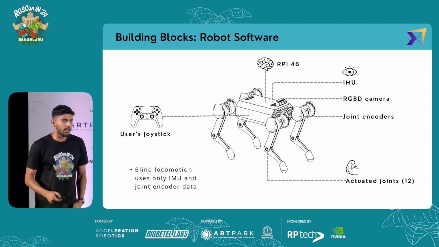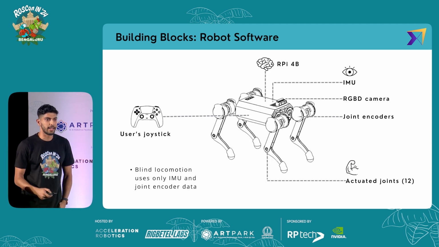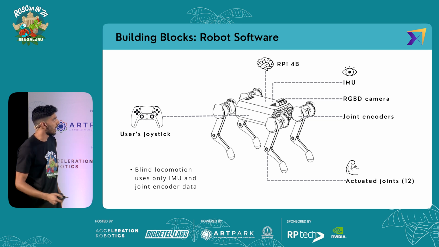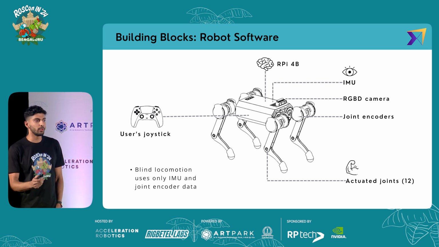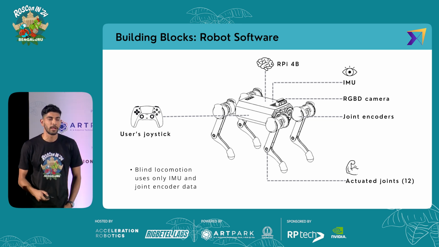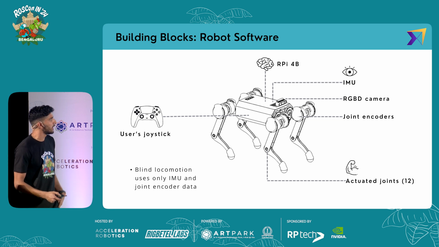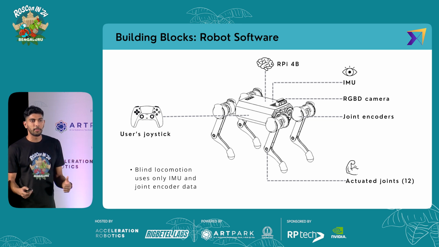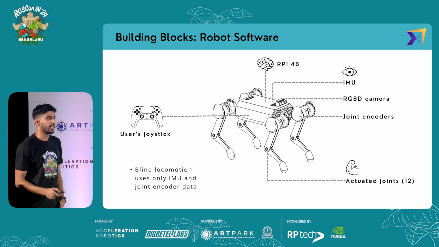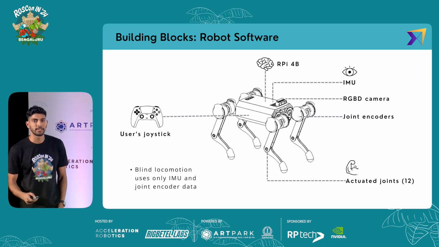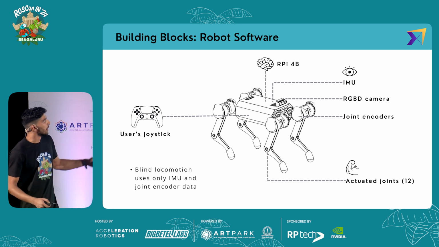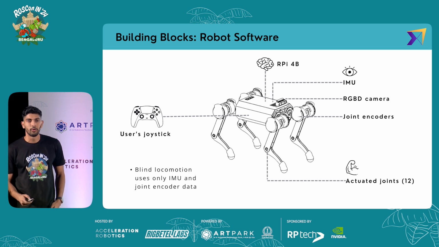As far as a legged robot is concerned, and specifically talking about our platform, I will quickly go over the few key things that we will refer to in my talk. The robot is teleoperated with a joystick, and it can work in both semi-autonomous and teleoperated mode. The onboard computer is a Raspberry Pi 4B.